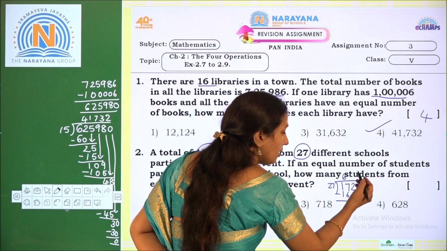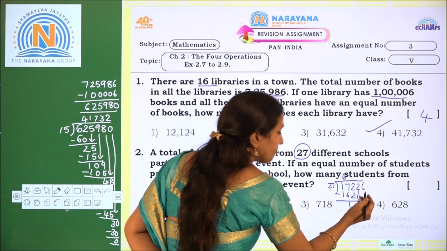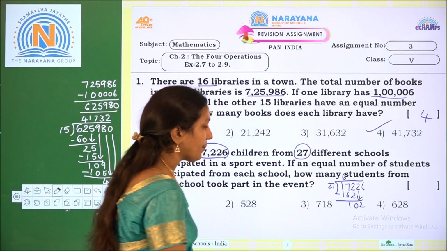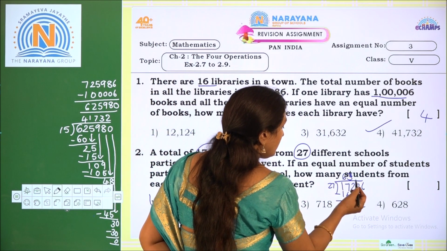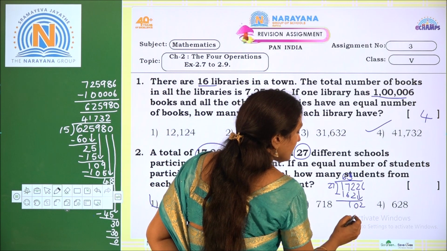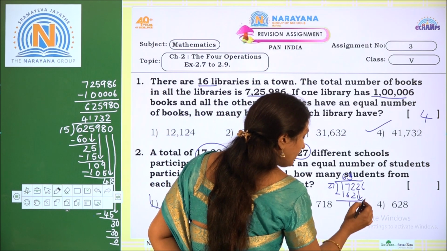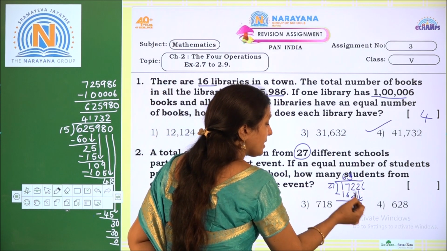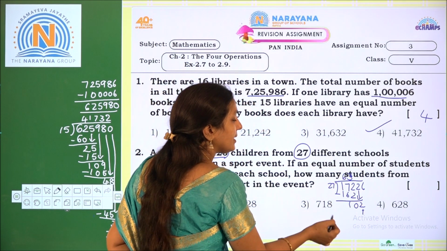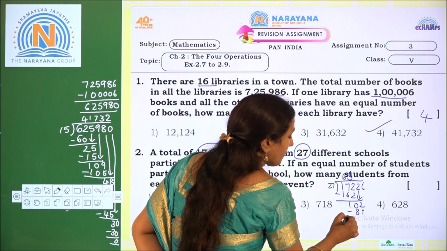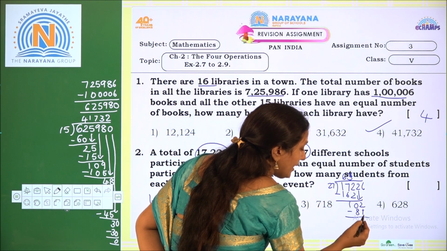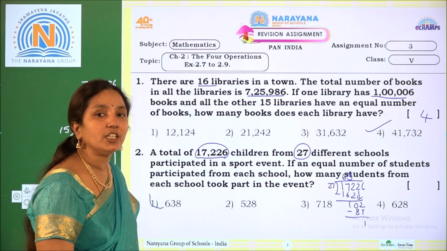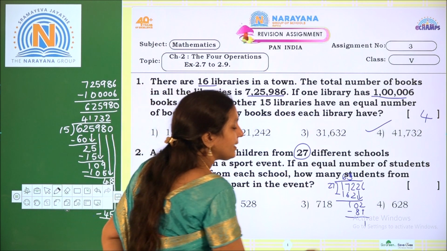Now take down 2. So how many times can we take approximately? We can take approximately 3 times. 3 sevens are 21, 3 twos are 6 plus 2 is 8. Now subtract, 2 minus 1 is 1. Can we subtract 0 minus 8? No, regroup it. So 0 will become 10. So 10 minus 8 is 2.